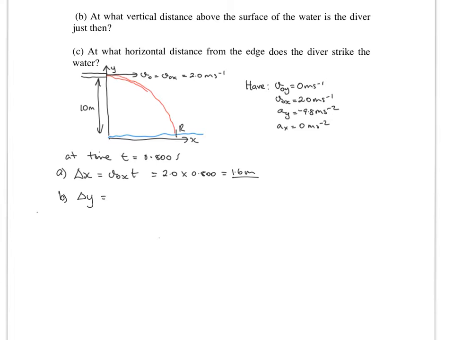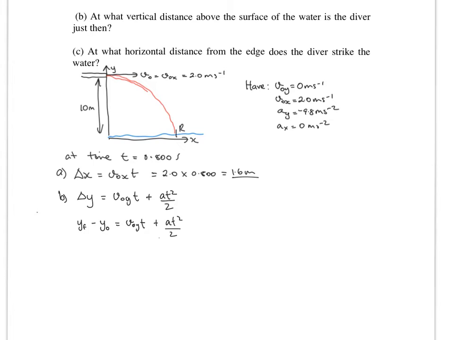Because we have some acceleration, we have v naught y t, but we have to take that into account, so a t squared over 2. Remember that delta y is the final position in the y direction minus the initial position in the y direction, equals v naught y t plus a t squared over 2.